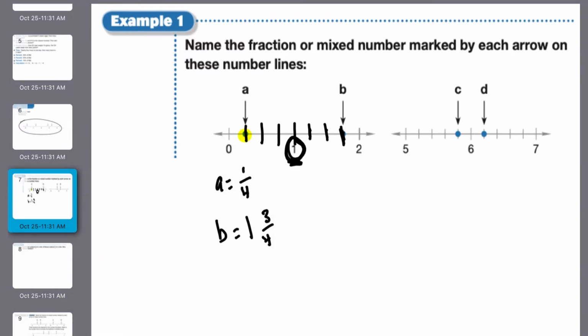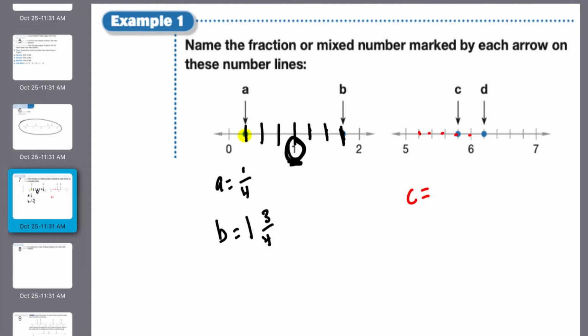All right, let's look at C and D. So now we need to check the scale again because this is a new number line. So we have 1, 2, 3, 4, 5, which means each one of these are fifths.